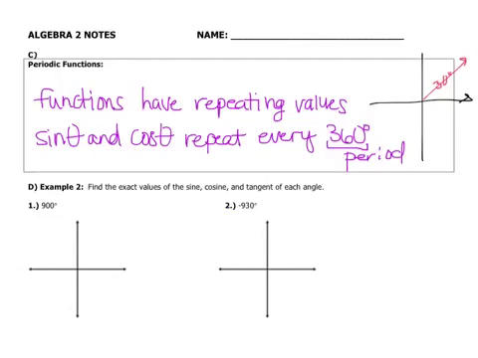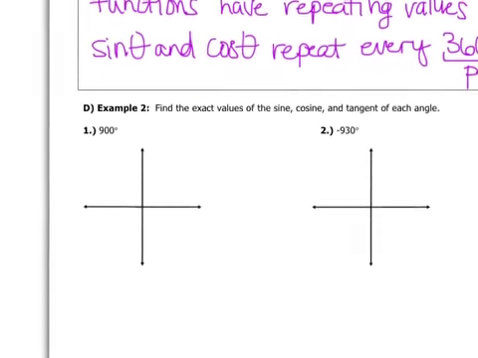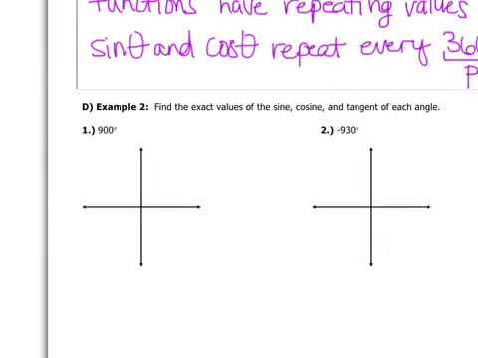So if you are given something like the first example, find the exact values of sine, cosine, and tangent of a 900-degree angle, what do we need to do? We need to subtract 360 from that until we get basically onto 0 to 360. So 900 minus 360 is 540. That's not quite enough, so subtract again: 180.